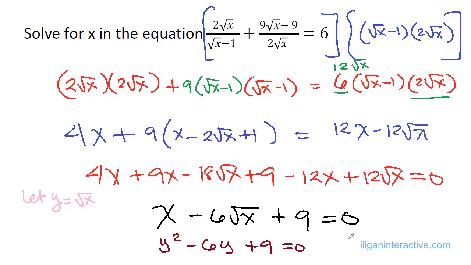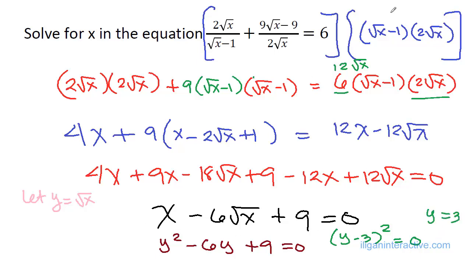I don't have much space, but let me see if I can squeeze something here. y minus 3 squared, a perfect square trinomial, equal to 0. So y is equal to 3. Okay? So from here we can say y is just 3.